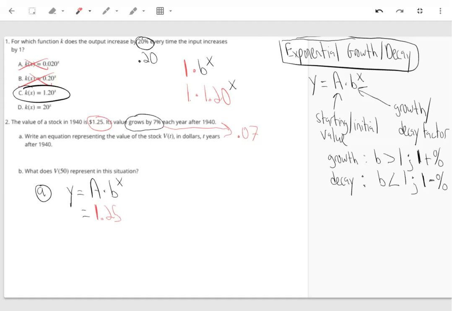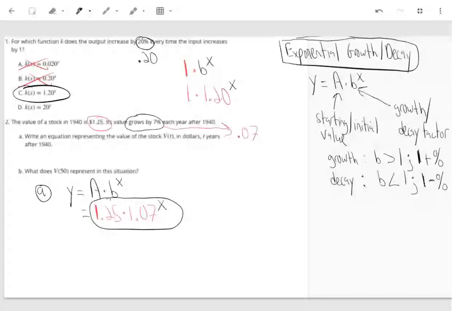So in this case, 1 plus 7% is going to be 1 plus 0.07, 1.07, in other words. So my equation here is 1.25 times 1.07 to the power of x.